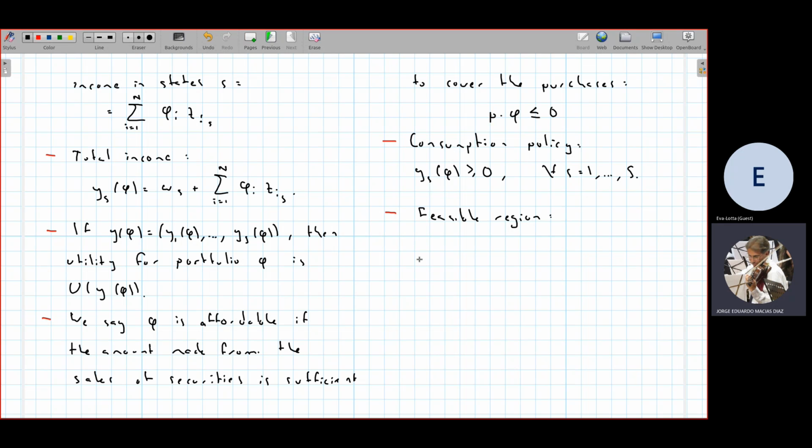It's going to be a set that's going to depend on the security costs, so it's going to be dependent on the vector P and W. It'll be the collection of all portfolios such that these two conditions are satisfied. This one and this other one.